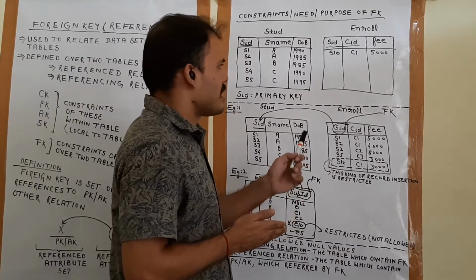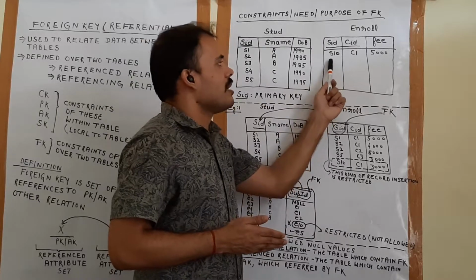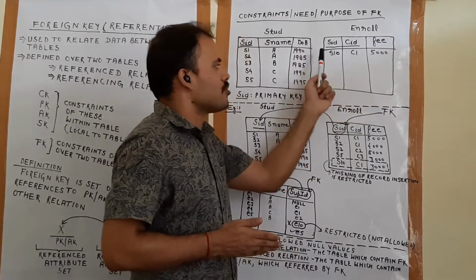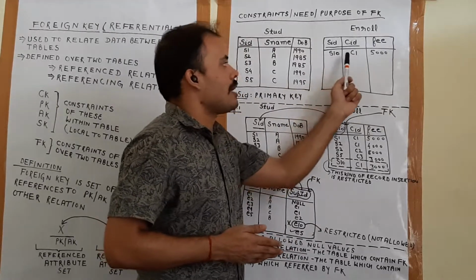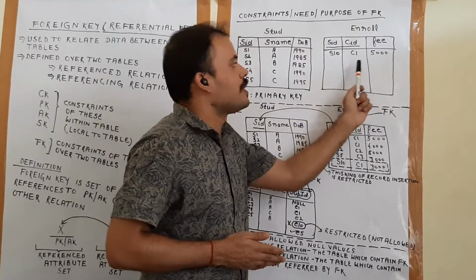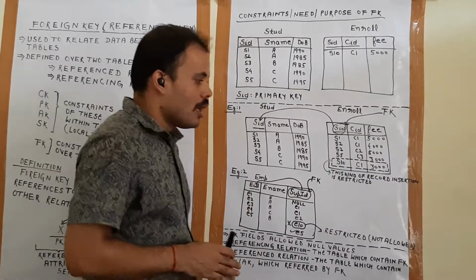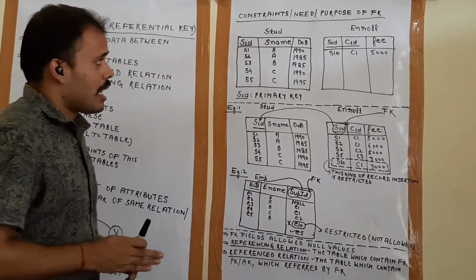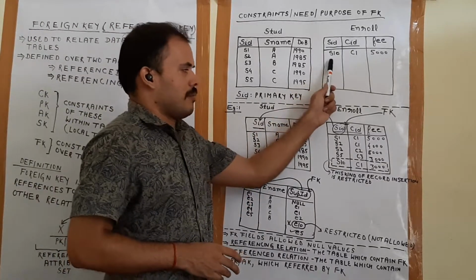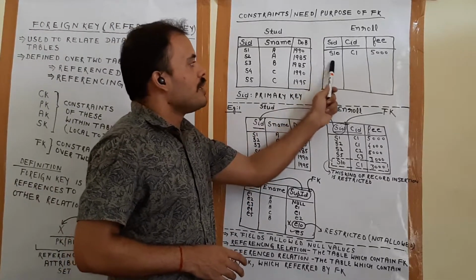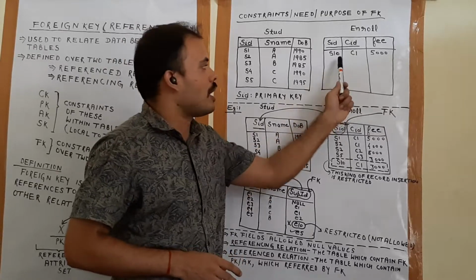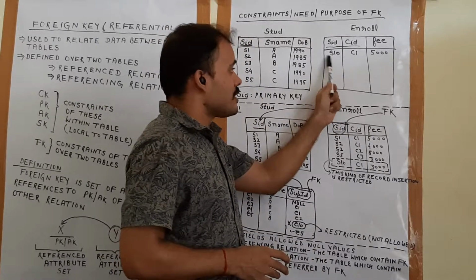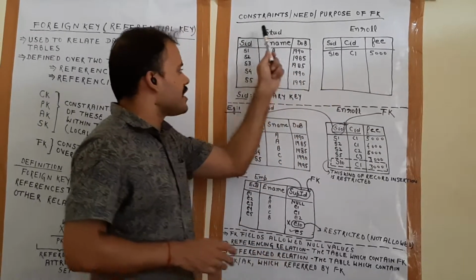For example, student S10 is enrolled for the course C1, whose fees is 5,000. Understood? Now the problem is that this student S10 is not in the student table.